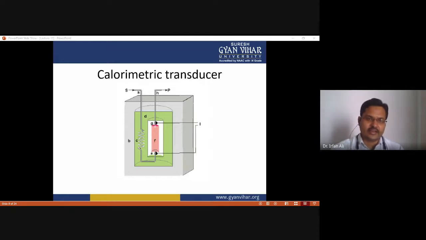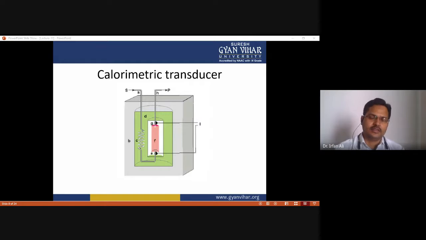The reactions are carried out in a controlled and closed reactor, as you have seen in the figure, to ensure a minimum amount of heat loss. And most enzyme catalyzed reactions are exothermic in nature. So for those types of reactions we have to use the calorimetric transducer. And the heat evolved can be carefully noted by the change in the current connected with the circuit.